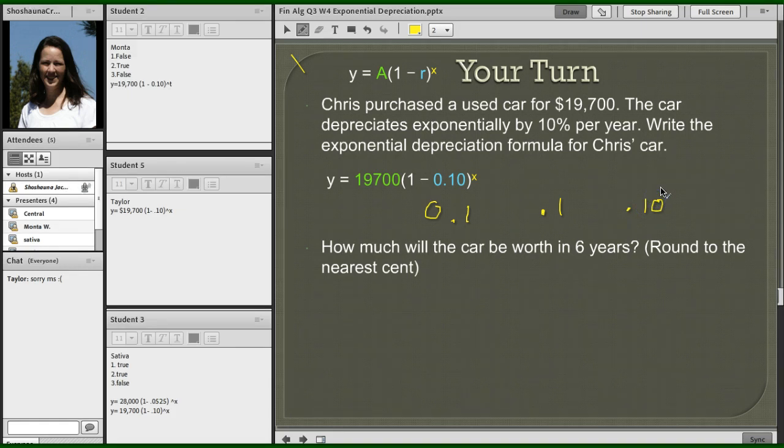It needs to follow directly after the decimal. So now I want you to use a calculator and see what answer you get in 6 years. And I'm going to see if I can pull up my calculator.